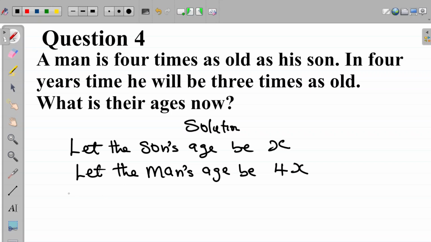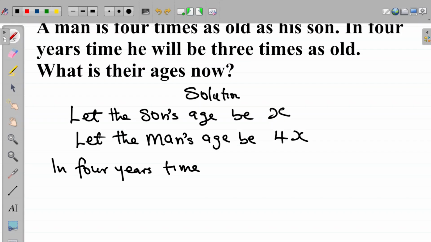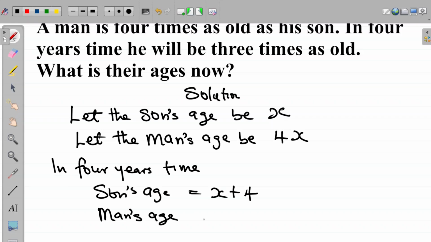So in 4 years' time, the son's age will be x plus 4, and also the man's age will be 4x plus 4.